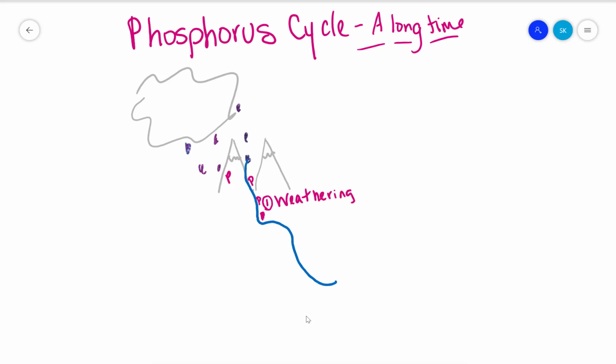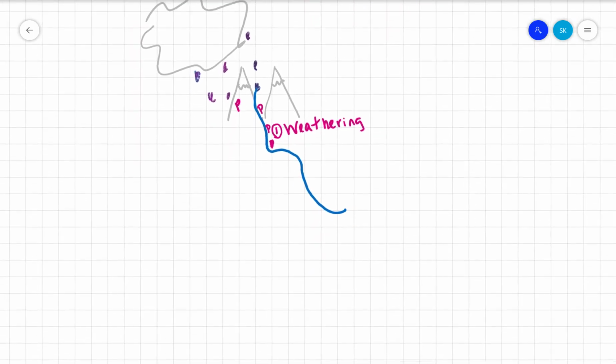All right, so let's just do a quick definition of weathering, which is basically runoff from the weather. All right, and I'm just going to put it, let's see.